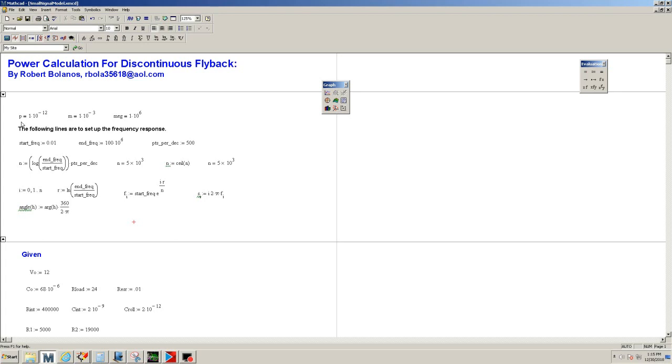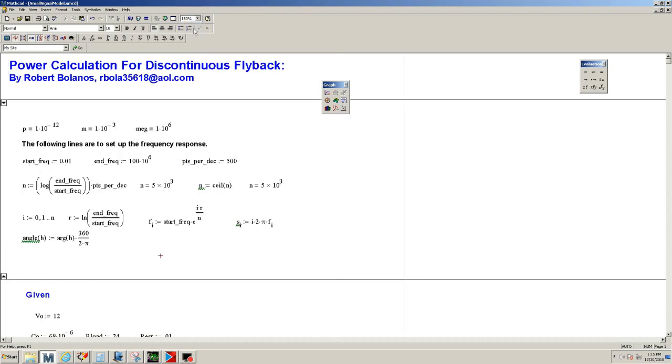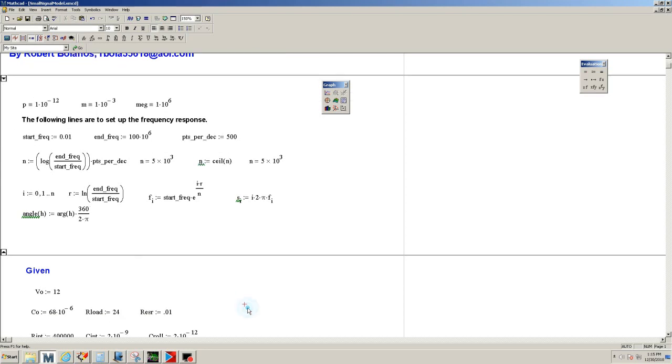Be sure you copy this. Let me go ahead and zoom in. If you can't copy this, you can ask for the example PDF or a MathCAD script, and I can send it to you. So you need to copy this first. Let's go ahead and continue.